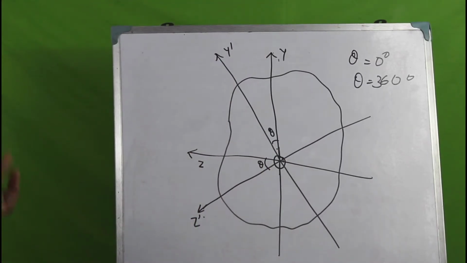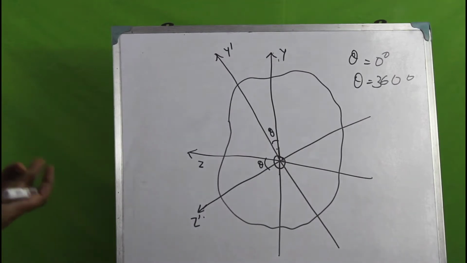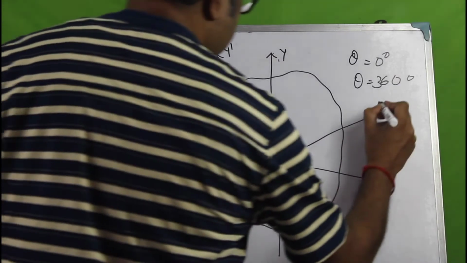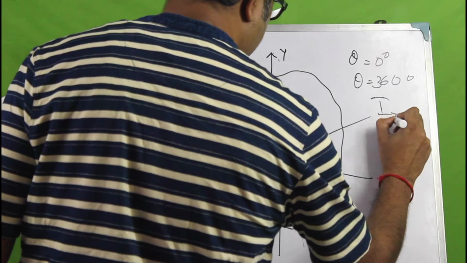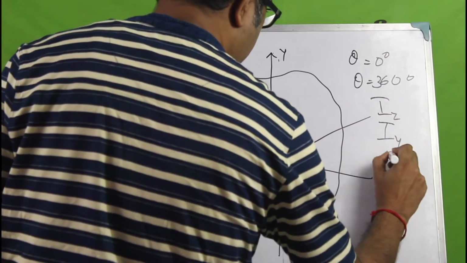Now, say we know the moment of inertia and the product of inertia about one set of centroidal axes. So let us say that we know the moment of inertia Iz of this cross section, Iy of this cross section, and Iyz.